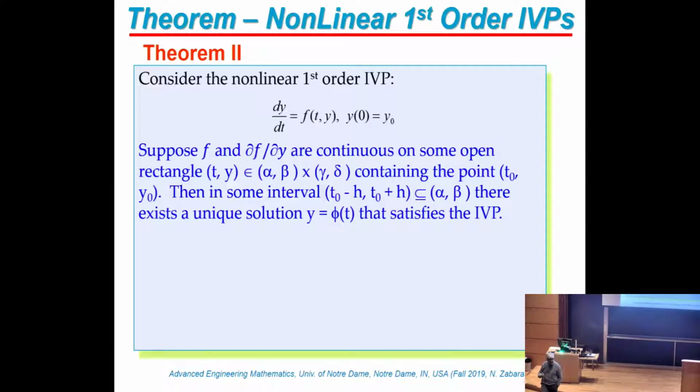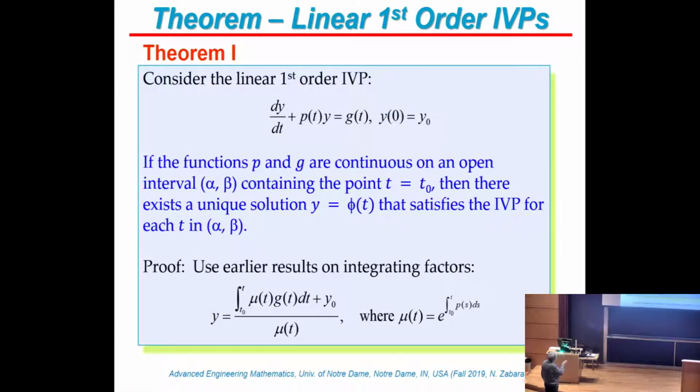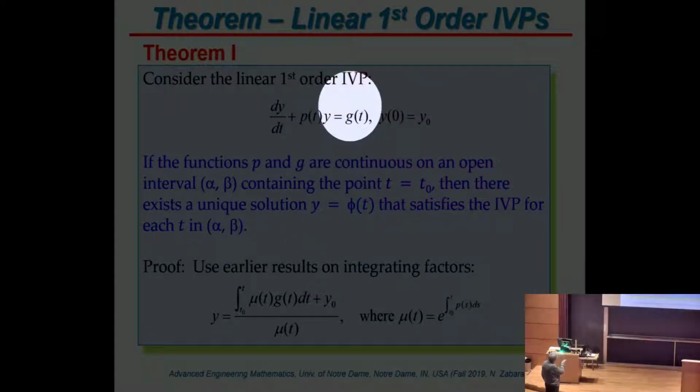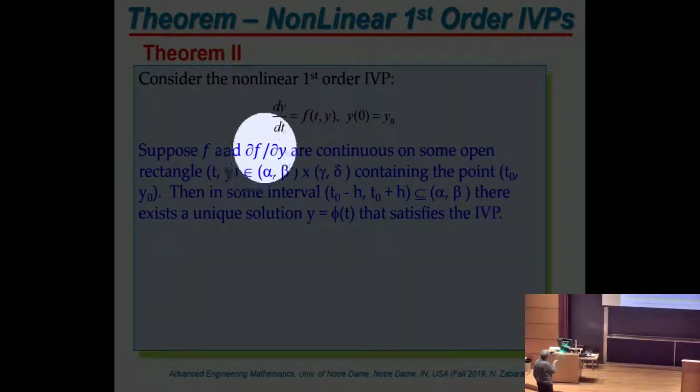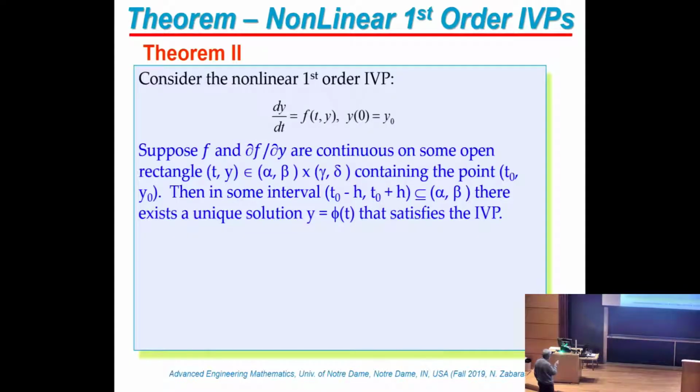We didn't have such a thing in the linear case, and we didn't have it because the function there was really, you remember the equation? It was p times y, basically, and then some function of t, okay? Here we have a very general function, f of t and y, so we require the derivative of f with respect to y to be continuous.